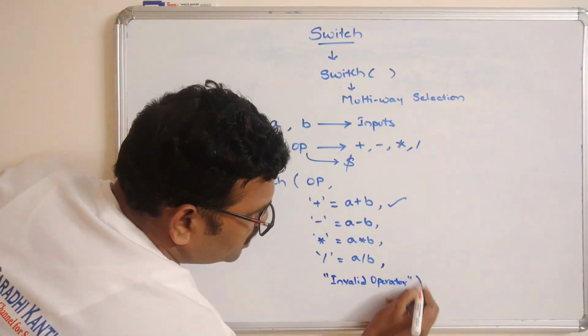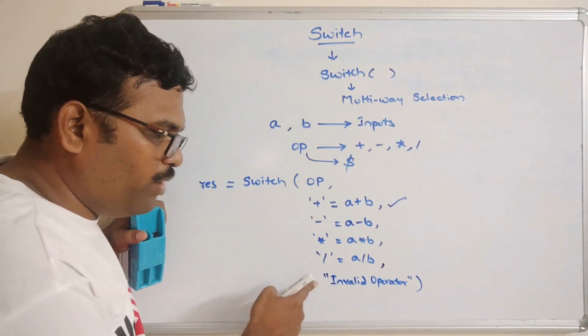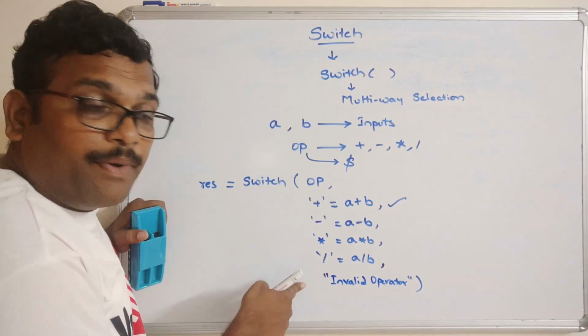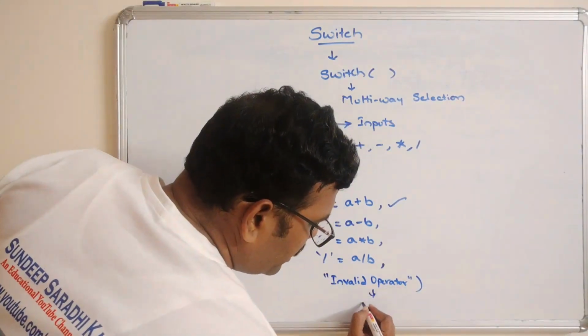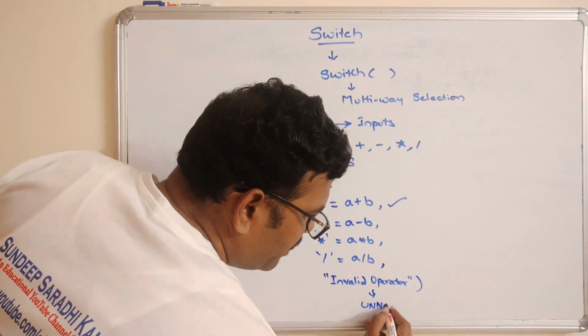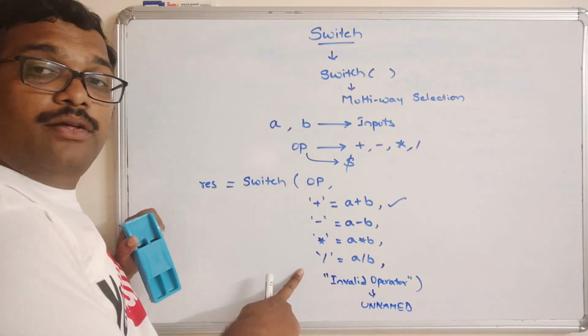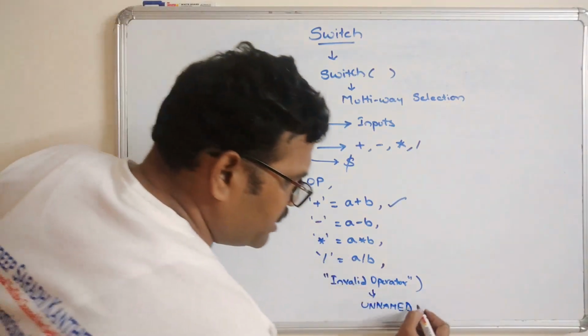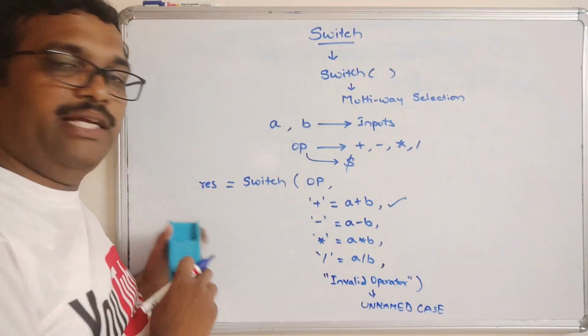So you can observe the last parameter we are not assigning to any one of the variables. That implies this is the unnamed case. So whenever there is no match, then only the unnamed case will be executed.